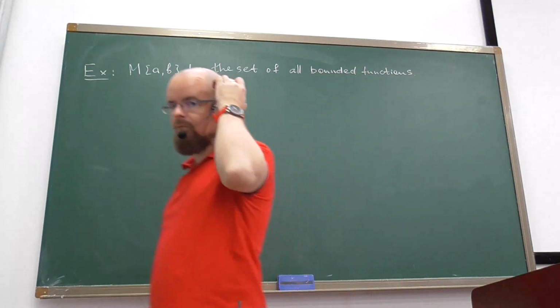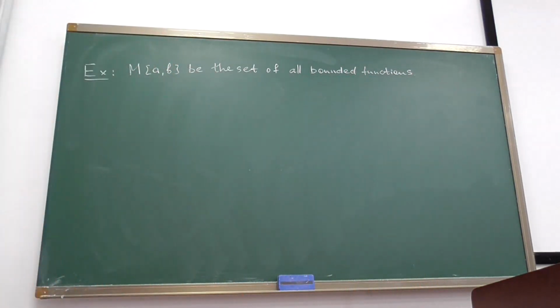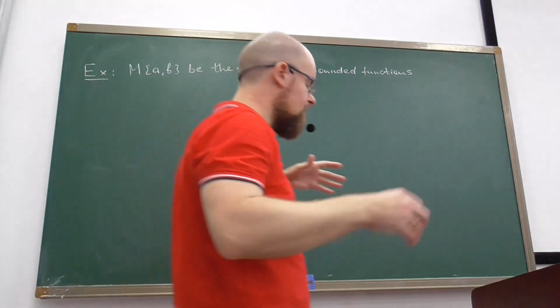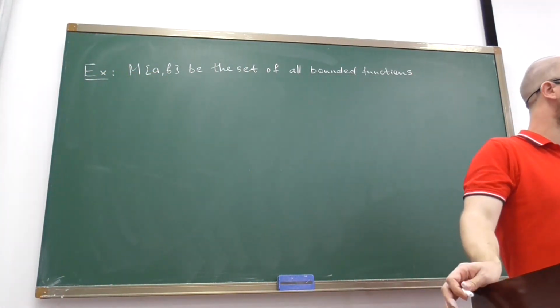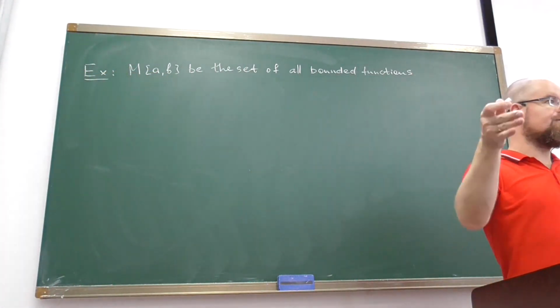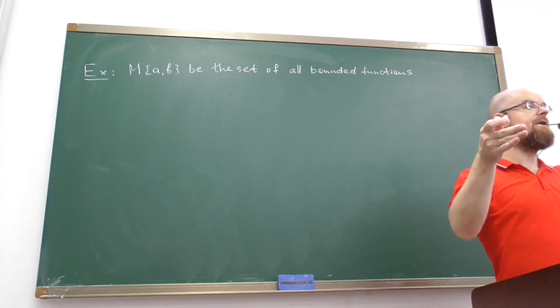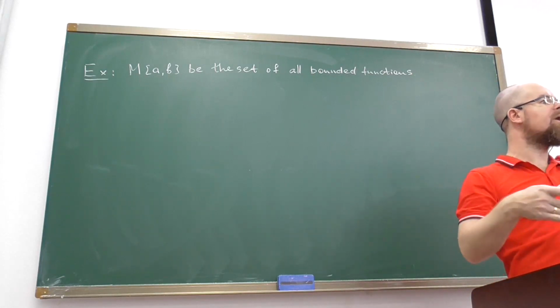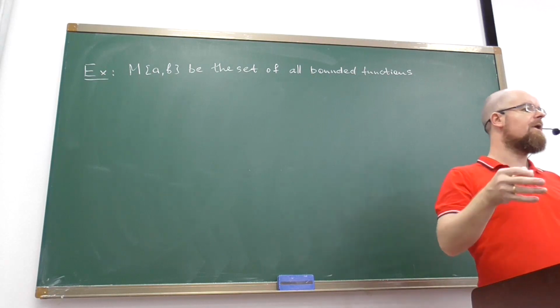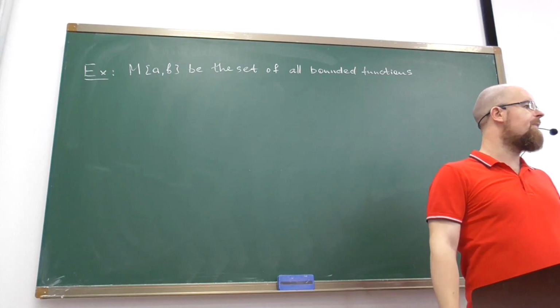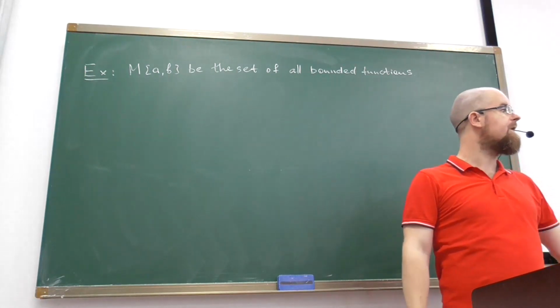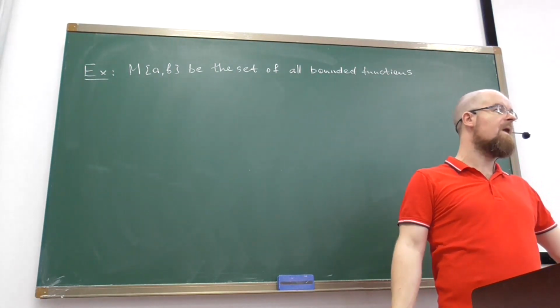When we considered the case of continuous functions, we used the fact that a continuous function on a closed interval attains its maximum and minimum, so we could speak about the maximum of the function. Here we just have the set of bounded functions, so in fact we cannot speak about the maximum.